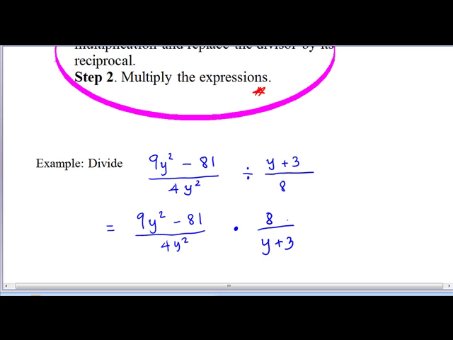For example, you have 1/2 divided by 4 over 3. You would take 1/2 times 3 over 4, and if you can cancel out, we cancel out. In this case, I cannot cancel out, so I multiply, and I have 3 over 8. So it's the same when you work with real numbers.